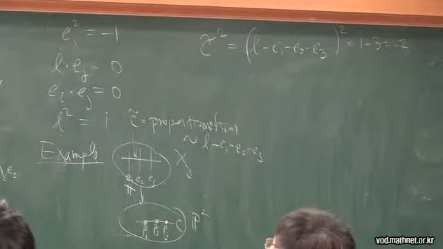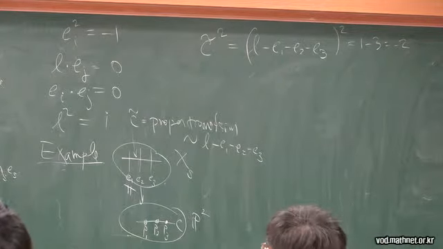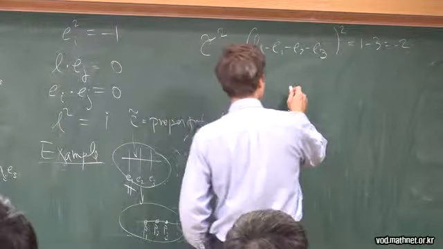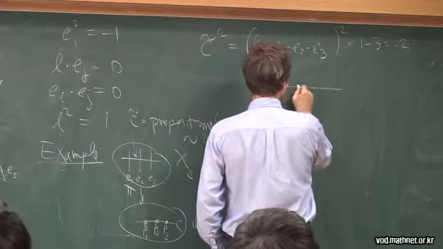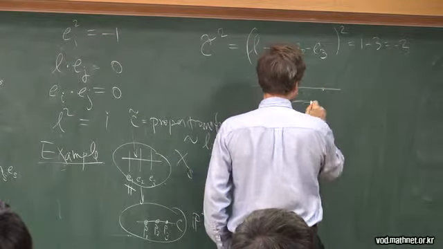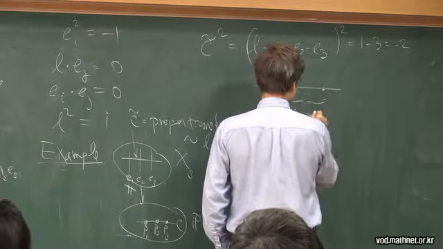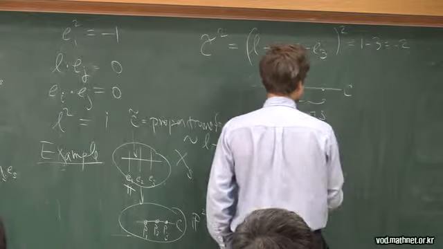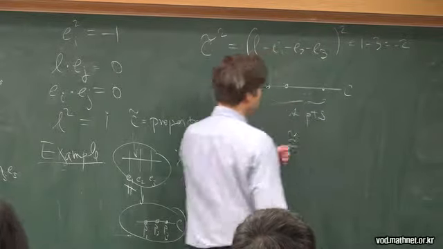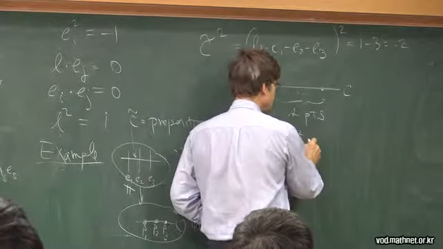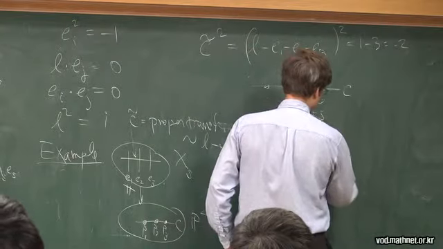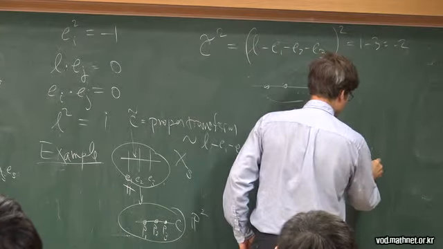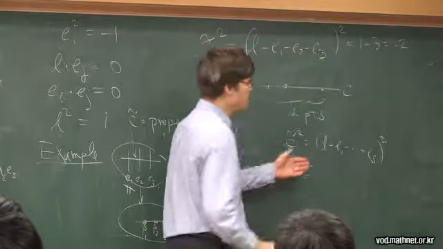And you can see that we can take more points on this line. So in fact, if I take s points on C, C twiddle squared, this is just going to be (L minus E1 minus ... minus Es) squared.